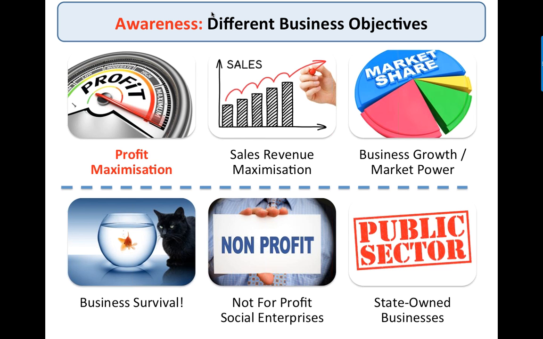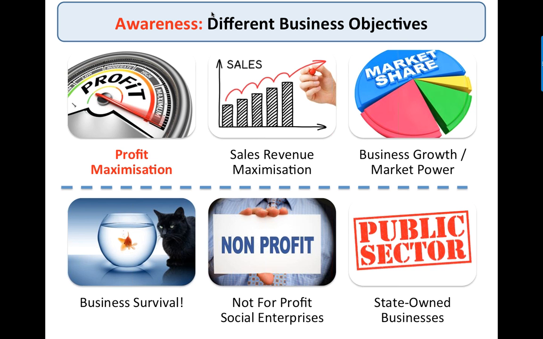Below the dotted blue line, I've just put three additional strands or themes. Bottom left is business survival. We've been through a recession. Markets change rapidly, often dramatically. We live in a world of fast pace of technological change. Nothing is certain anymore.